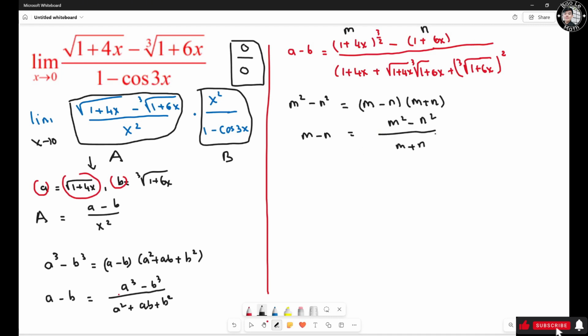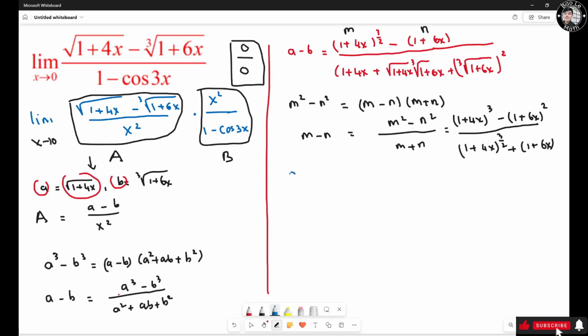So this guy turns out to be m squared, which means this one squared turns out to be 1 plus 4s altogether cubed, right? Minus this one squared is going to be minus 1 plus 6s squared, right? Over m plus n, which means 1 plus 4s to the power of 3/2 plus 1 plus 6s, right?